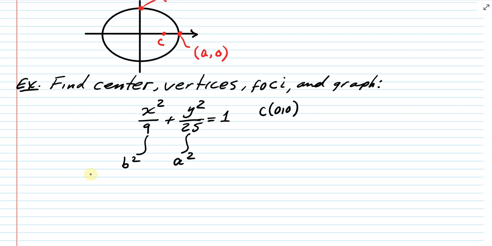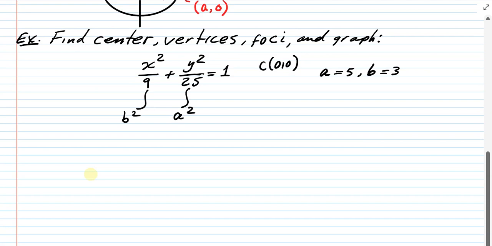If 25 was in the denominator of x squared, I would call that a squared. This way, you only need really one equation rather than two separate equations. And the other thing that's important, the 25, we see as a number in square form, namely 5 squared. So from this, I know a is 5, and I know that b is 3. So do not square 25 again to get a squared. These are already in their squared form.